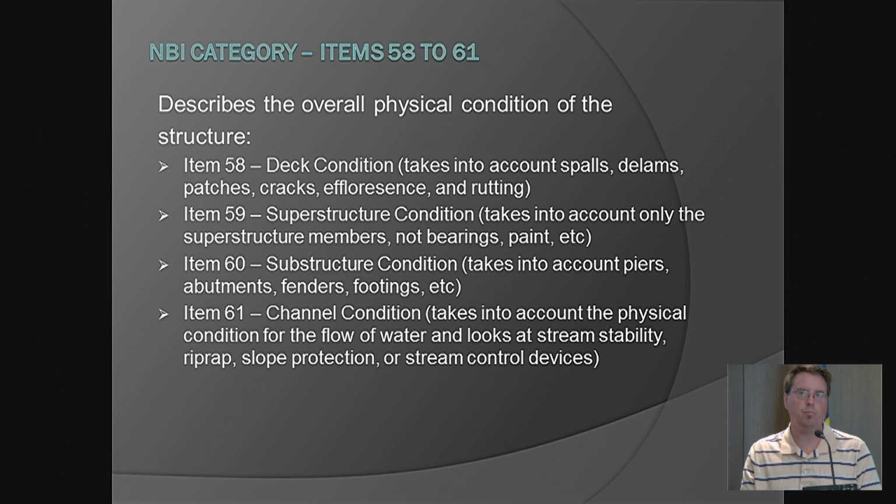But that's really the only effect on your NBI values, if you have a localized failure or multiple defects throughout your whole system. Again, if we were looking at girders and we noticed cracks every foot throughout all of our girders, then we are probably going to bring our NBI values down and say it might be a 4 or a 5.